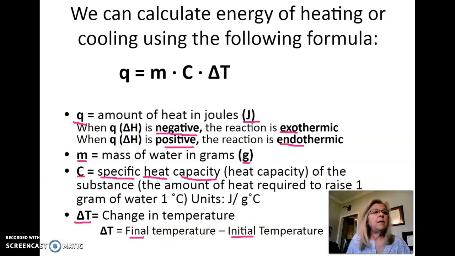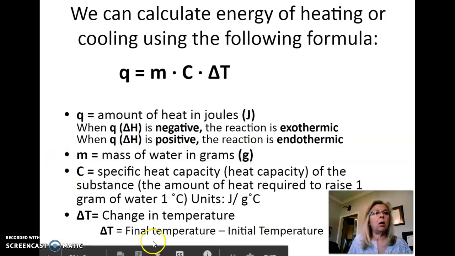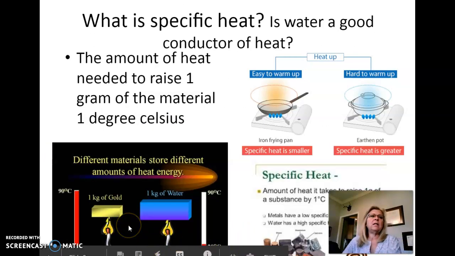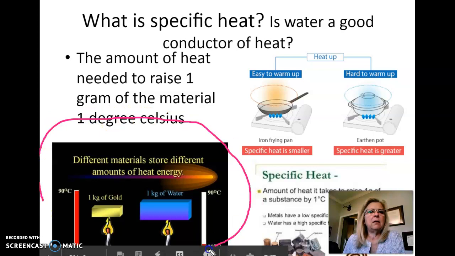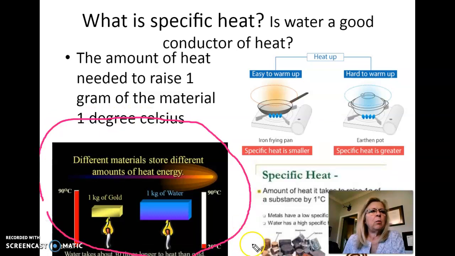Okay, the next thing we are going to do is take a look at an example and discussion here. Exactly what is specific heat? I want to focus your attention down here at the very bottom of the page. What we have here is a comparison of two different materials. We have water and we have gold, both of which are heated by the same amount of heat energy for the same amount of time.